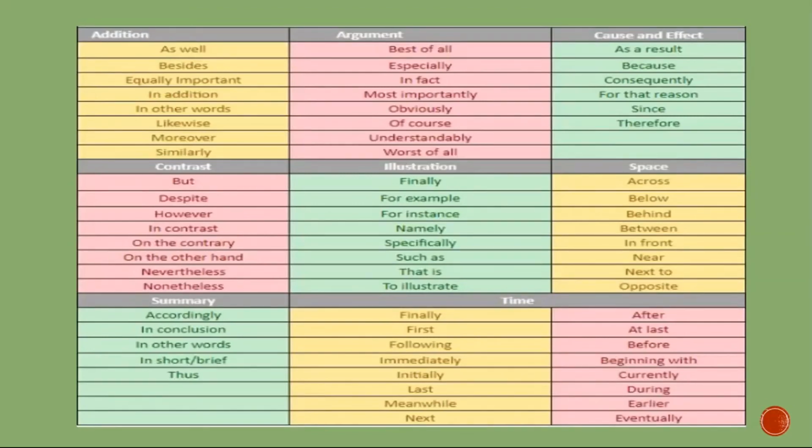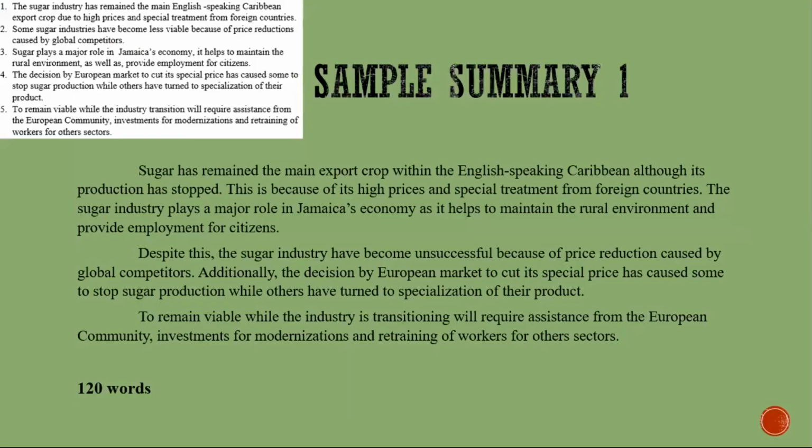Remember, I did point out that when you are writing your summary, you must write the 5 main ideas at the top. Now take a look at what our summary should look like and read like. I have created 2 samples for you. Notice please that the 5 main ideas are at the top of the page, which would mean that I would automatically be given my 5 marks out of the 25 for the summary.